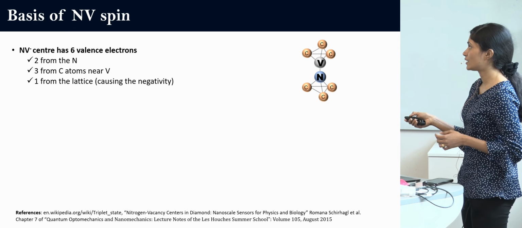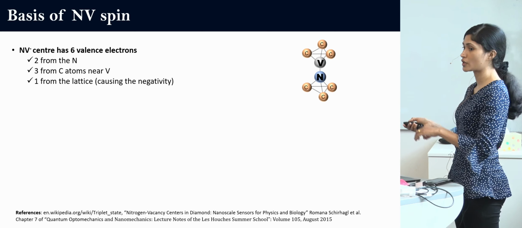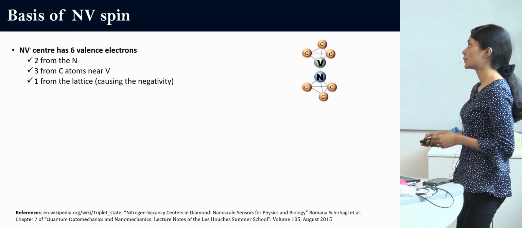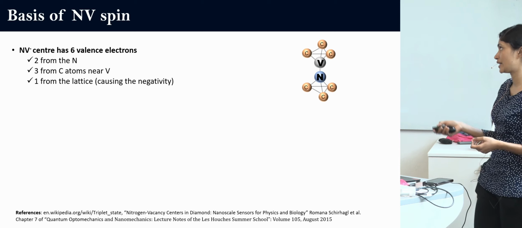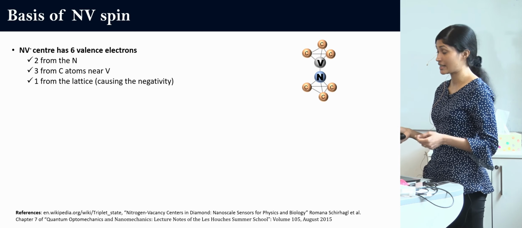And one valence electron is captured from the lattice, typically from a nearby nitrogen donor, and this extra electron is what gives the NV Center its negative charge.